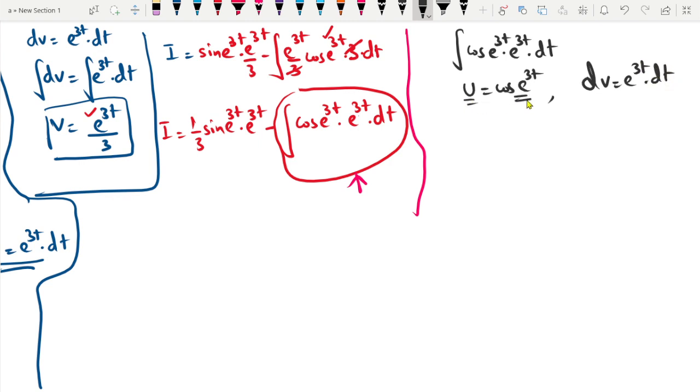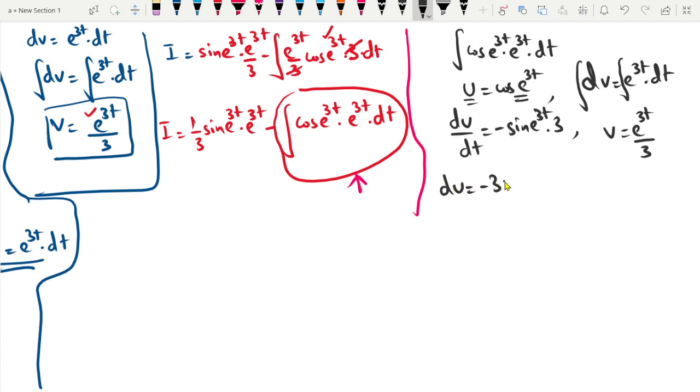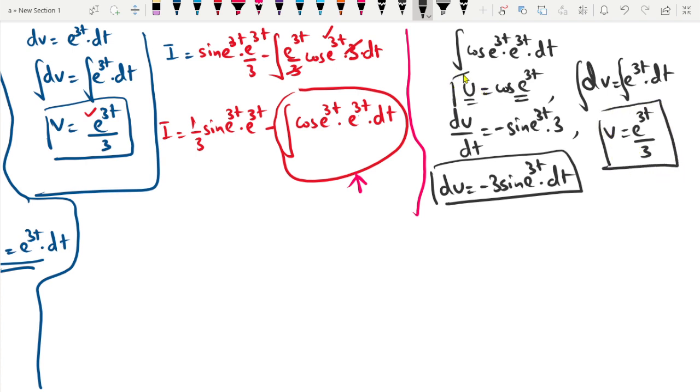Take the derivative with respect to t, not x. du/dt is equal to minus sine of e^3t times 3, and taking the integral, v is equal to e^3t divided by 3. So du is equal to minus 3 sine of e^3t dt.